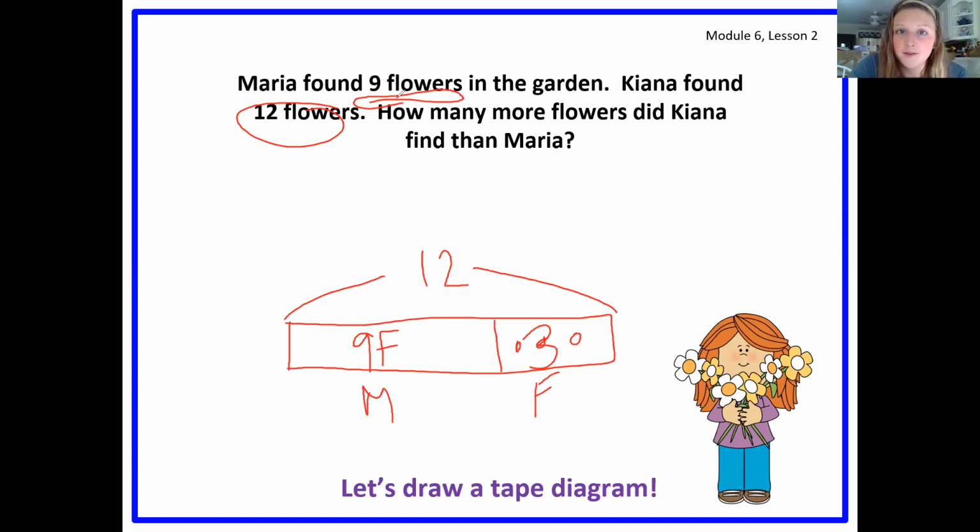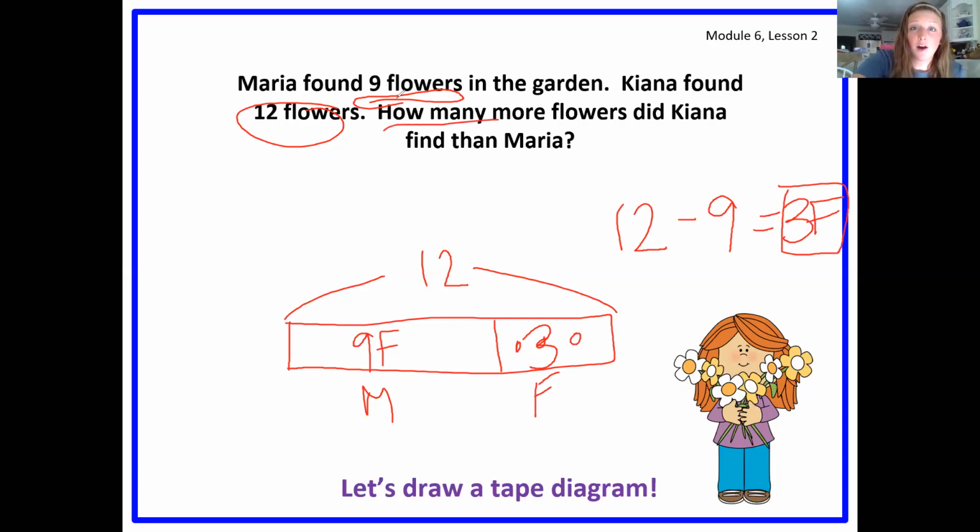My number sentence would say 12 that Kiana found minus the 9 that Maria found, and I can find the difference between the two numbers by counting on from 9 to 12 or counting backwards from 12 to 9 to get 3 flowers. Okay, so we should be able to answer the question that we are underlining. How many more flowers did Kiana find than Maria? She found 3 more flowers.